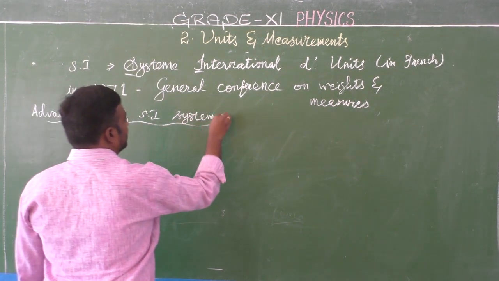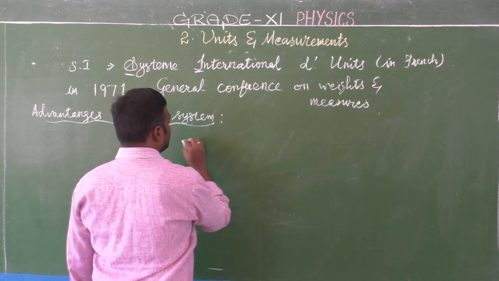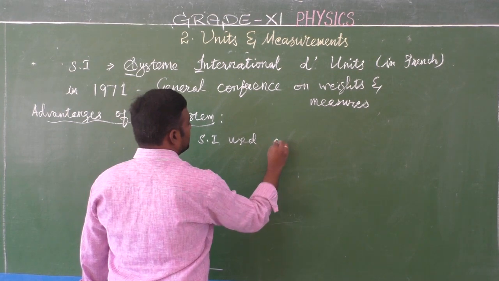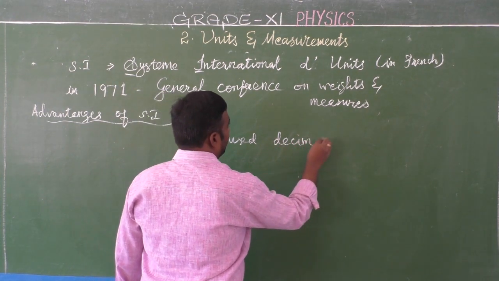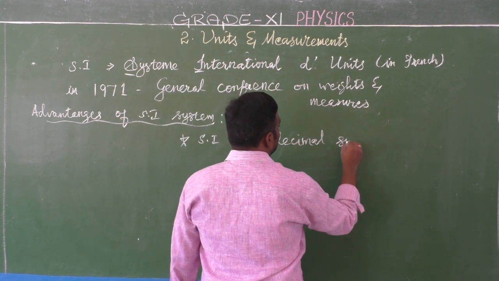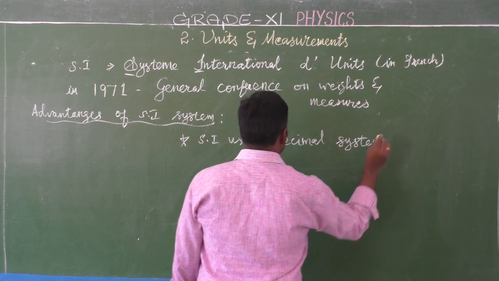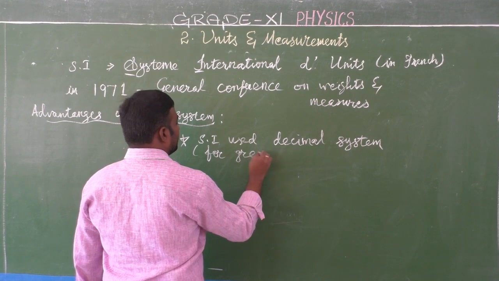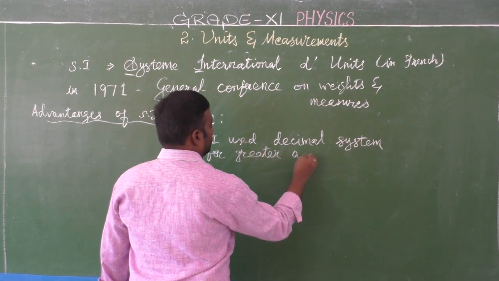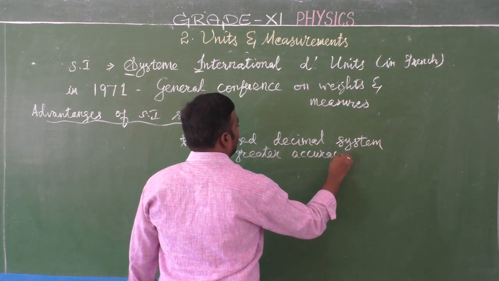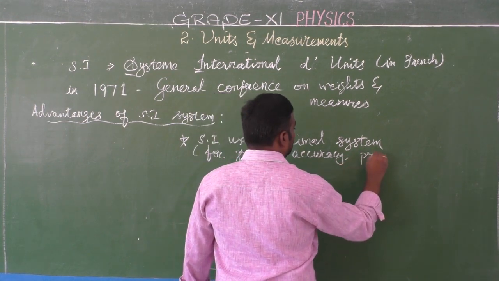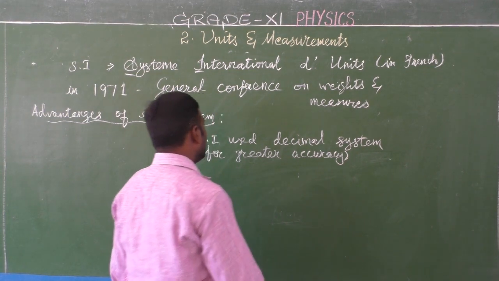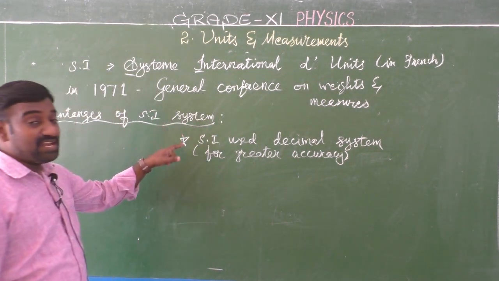What are the advantages of the SI system? The first one: the SI system uses a decimal system for greater accuracy and precision. Mostly accuracy. That is one main advantage.